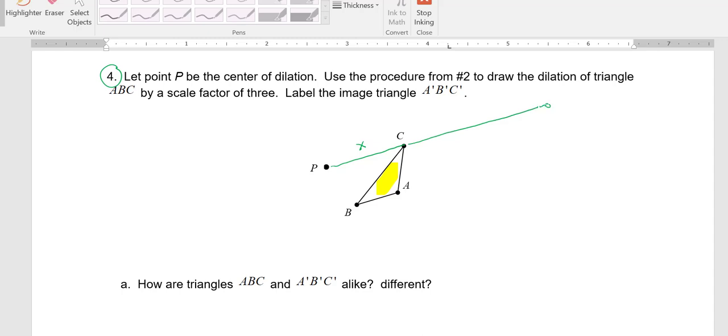I'm eyeballing it here, I don't have a good measurement tool, but this is going to be 3 times the length away from the center of dilation. So that'll be C prime.